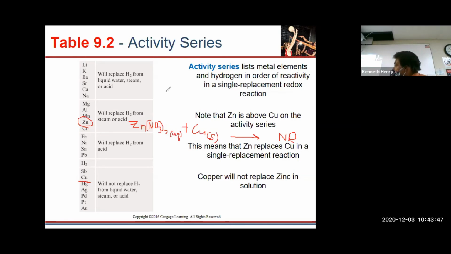So let's say we have this one. Are we going to have a reaction? And if so, what's going to be the product?